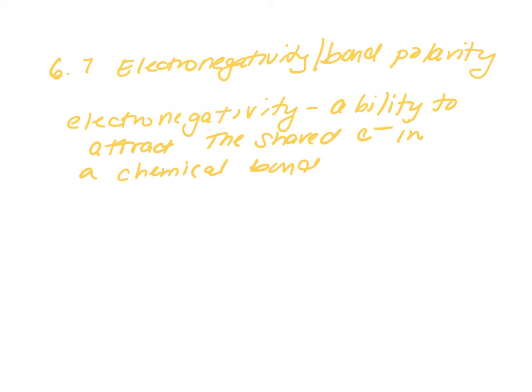So it's going to be the affinity of an atom for electrons when they're making a covalent bond. The most electronegative atom is fluorine. So there is a scale assigned to electronegativity that ranges from 0 to 4. Fluorine is the most electronegative atom, given a value of 4.0.